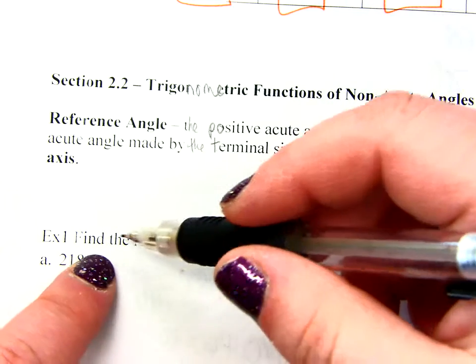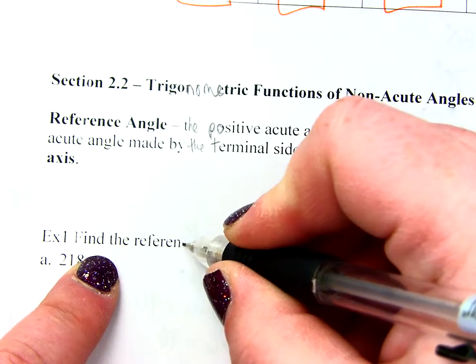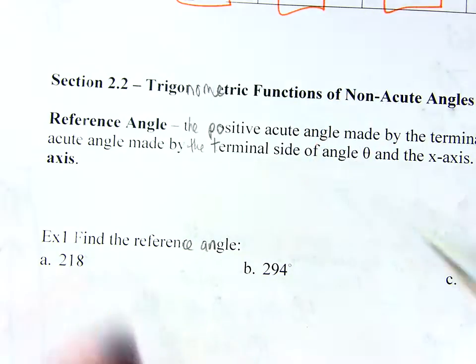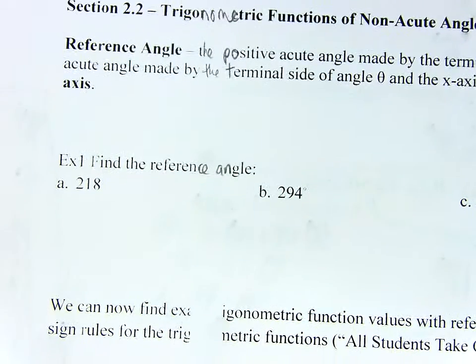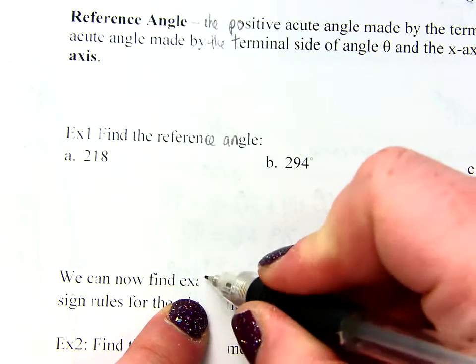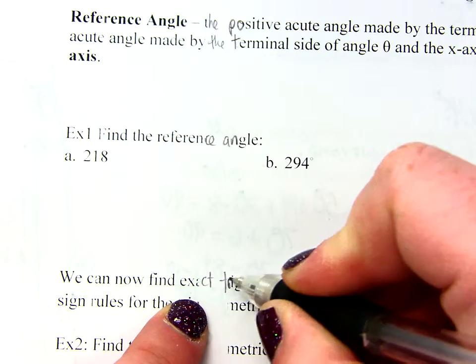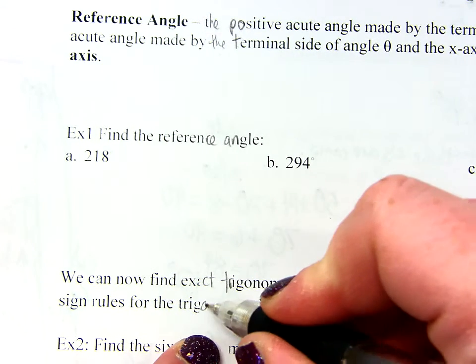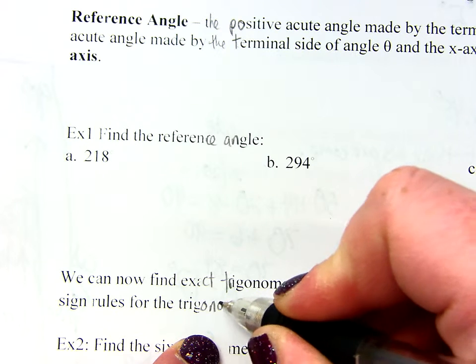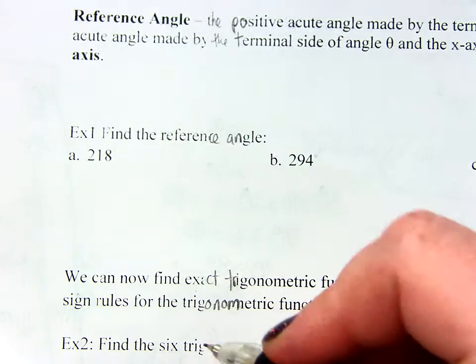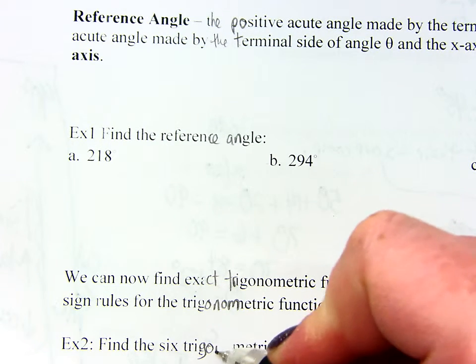And down here, example 1, find the reference angle. And then down here, we can now find exact trig function values and trigonometric, and again here, trigonometric.